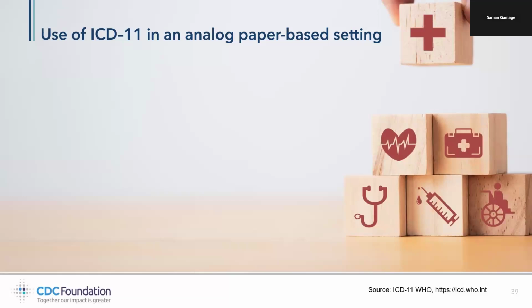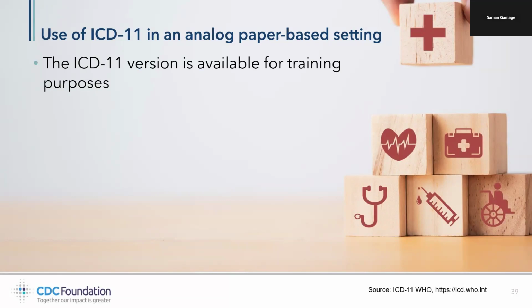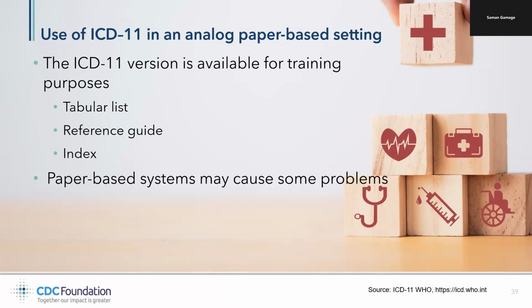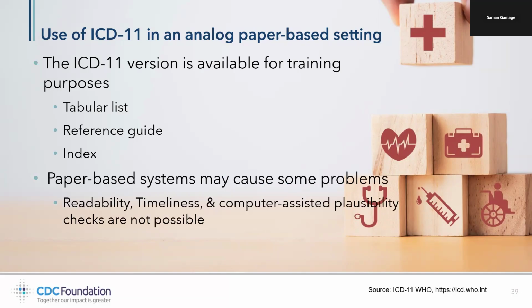ICD-11 is also available in an analog paper-based setting and is available for training purposes. This is particularly available for training purposes: a tabular list, reference guide, and an index. However, paper-based systems may cause some problems. There can be issues of readability, timeliness, and computer-assisted plausibility checks are not possible with analog paper-based volumes.